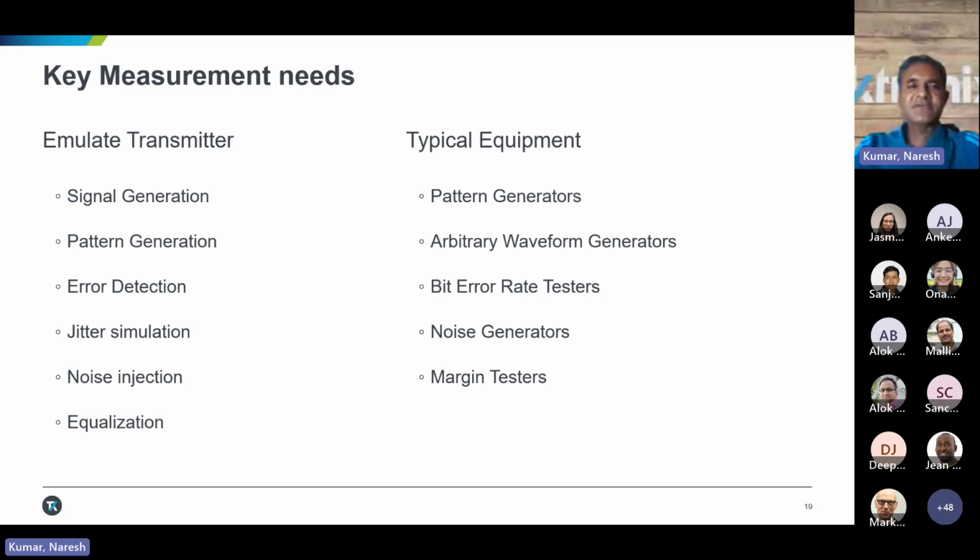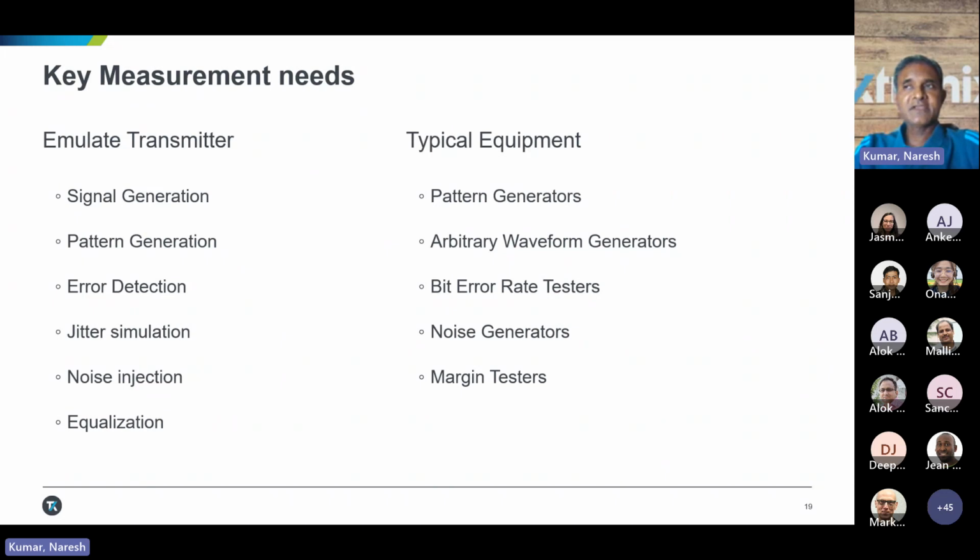And so what do you need from a transmitter? You need some sort of signal to be generated, a digital pattern to be generated, and also someone who can see, are there any errors as I transmit the signal and the receiver receives it? Are there some errors along the way? Can I check for the errors?